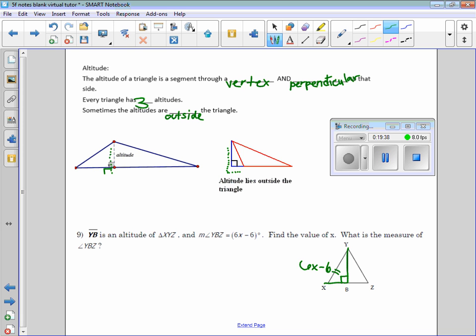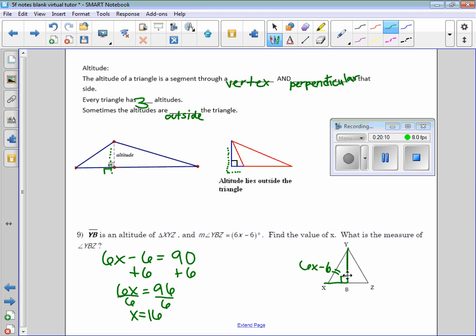They want us to find the value of x. Well, we know that triangle YBX is a right angle because altitudes make right angles. So we can take 6x minus 6 and set it equal to 90 degrees. So you add 6, you get 6x equals 96. Divide by 6, you get x equals 16.